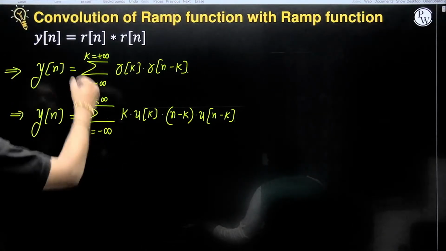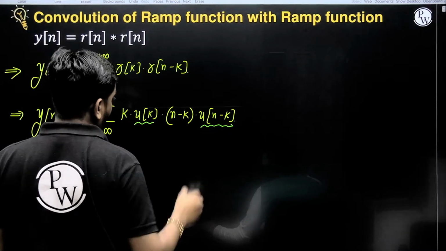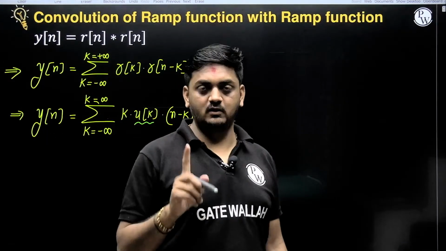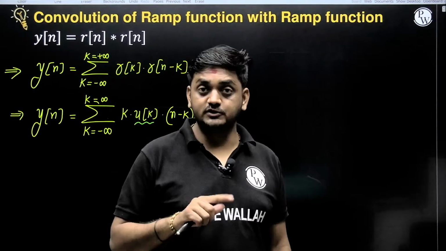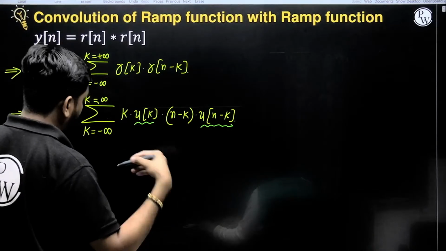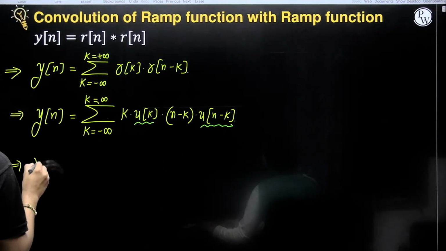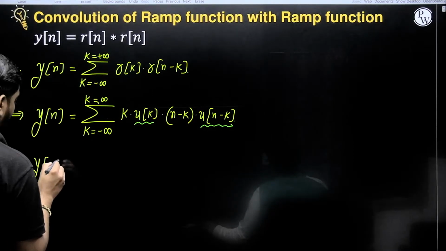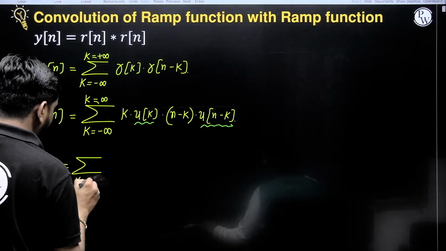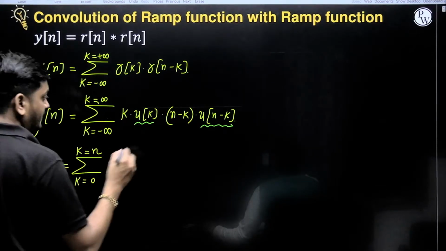Now again, we know that u of k into u of n minus k is nothing but 1 only when k lies between 0 and n. So if you replace u of k into u of n minus k with 1, then the limit will be 0 to n only.